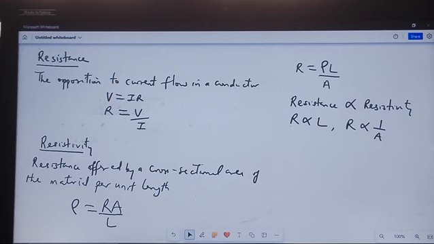So we can say that the resistance of a material depends on some factors. Number one, the length of the material, the cross-sectional area of the material, the resistivity of the material.